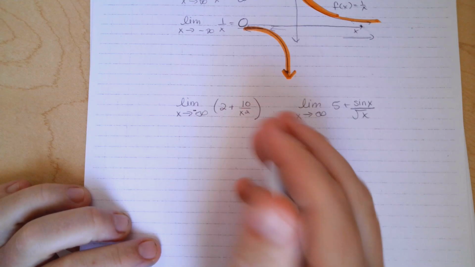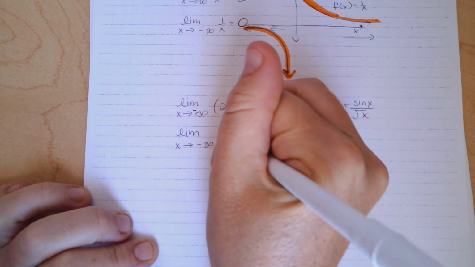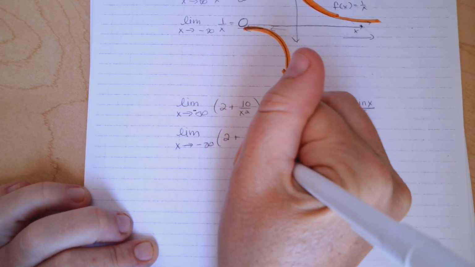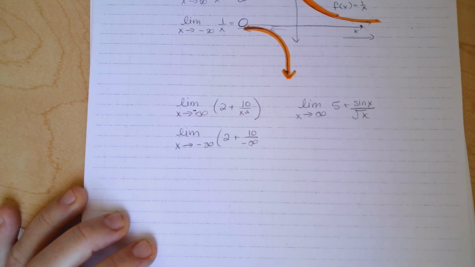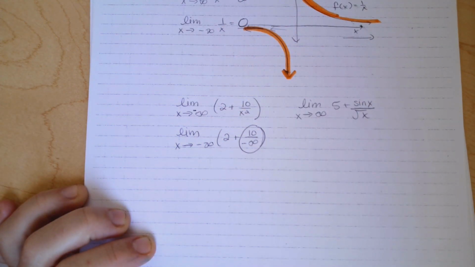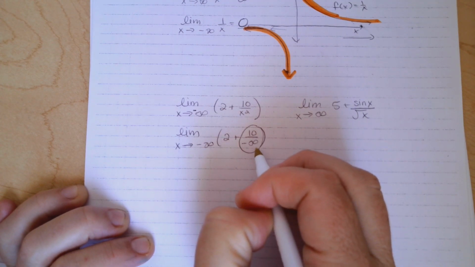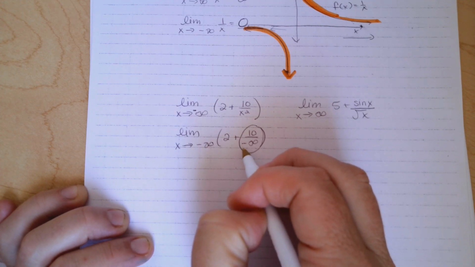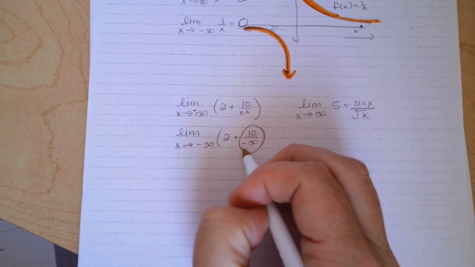So let's go ahead and just plug this in. What do we get? We get 2 plus 10 over negative infinity. What is that going to end up being? This value here is going to go towards 0. We have any value on the top and a really big negative number on the bottom. This is going to be a really small negative number.